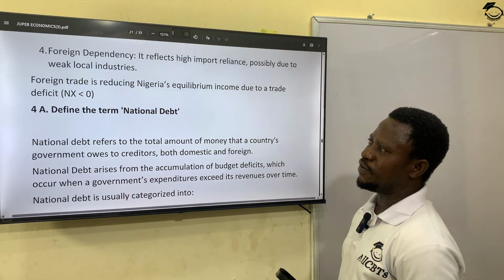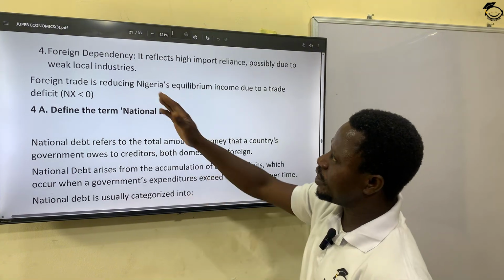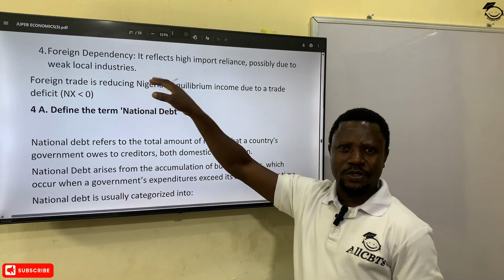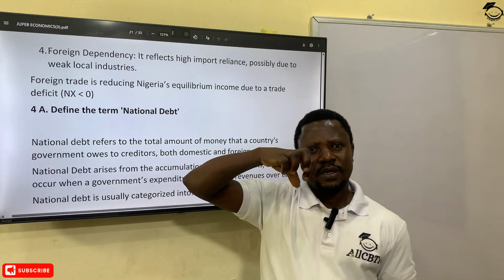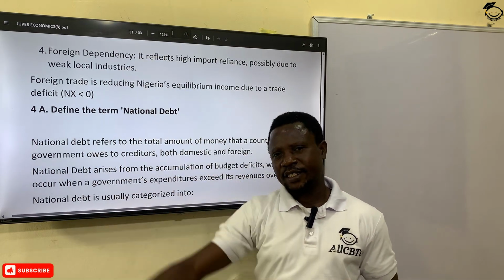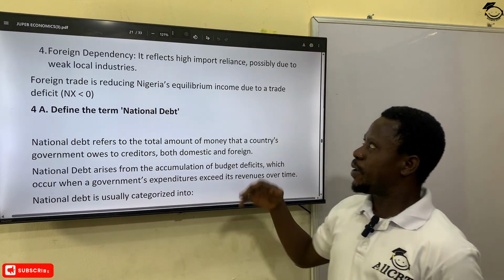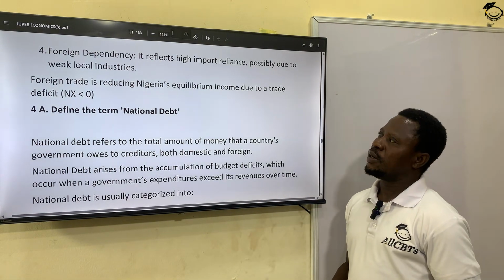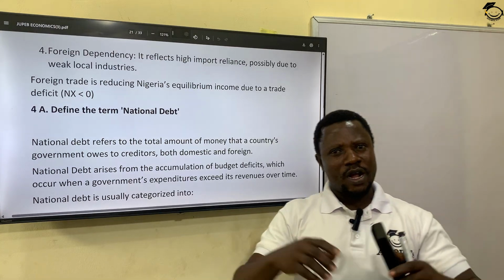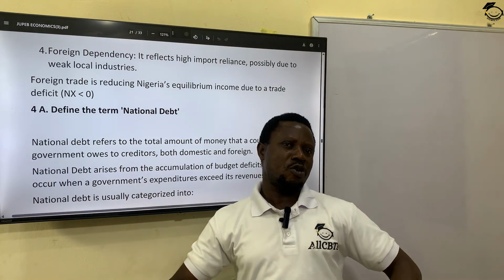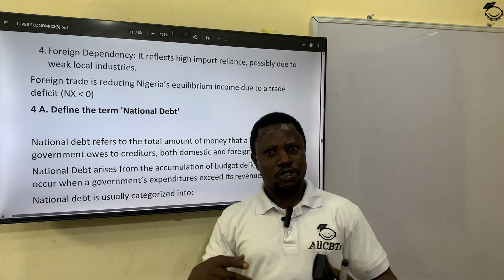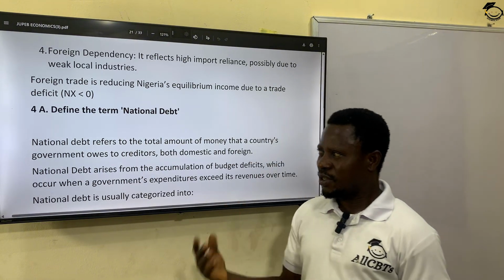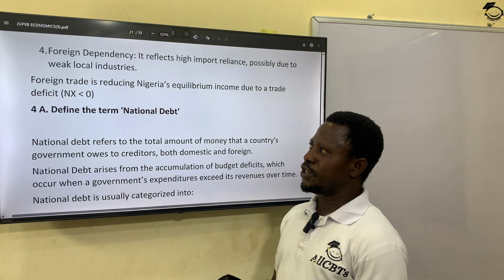Another effect to observe is foreign dependence. In other words, most of our consumption are imported items, imported goods. So we now depend so much on imported goods, and because of that, our local industries become weakened. They cannot be strong, because our taste is on foreign products.